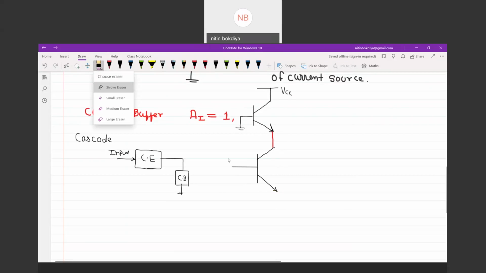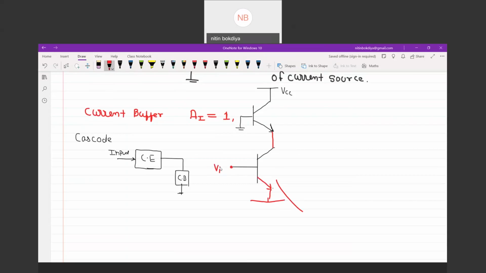This type of arrangement is known as cascode arrangement. Let's analyze what the meaning of cascode arrangement is.